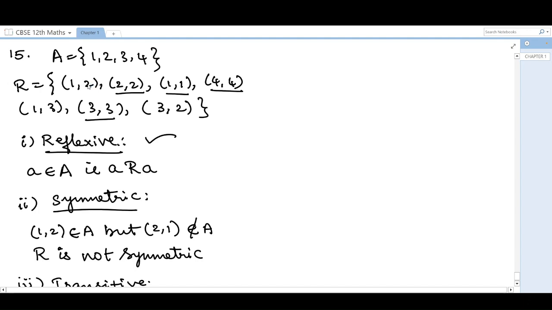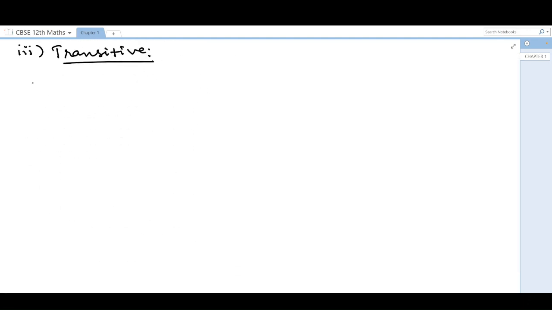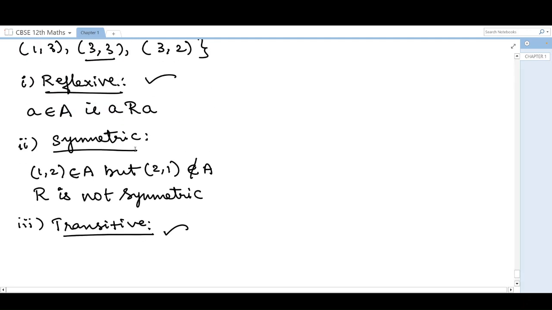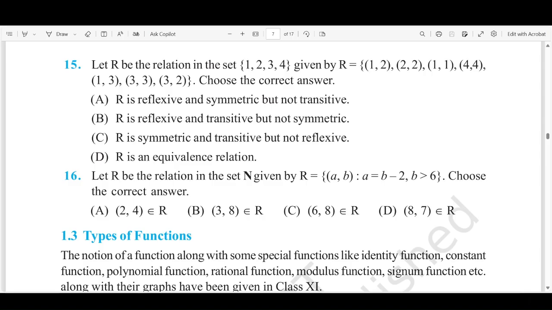We have that. So if you take any two elements such that a related to b and b related to c, you will definitely get a related to c. So from this, what we could conclude is the relation R is transitive. From this, what we could conclude is the relation R is reflexive and transitive but not symmetric. Therefore, option B is the correct answer.